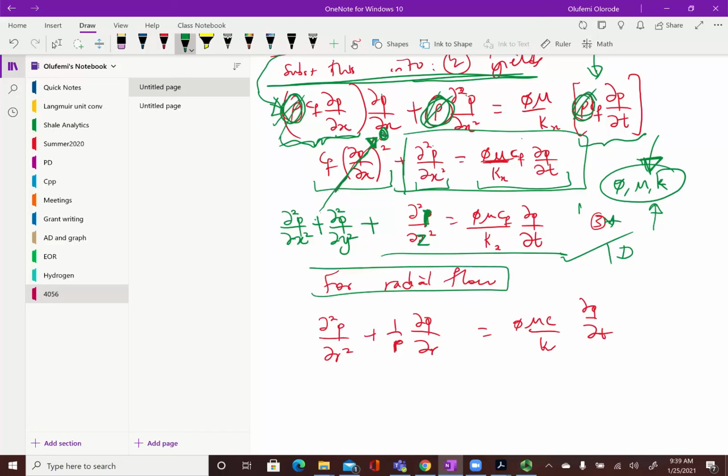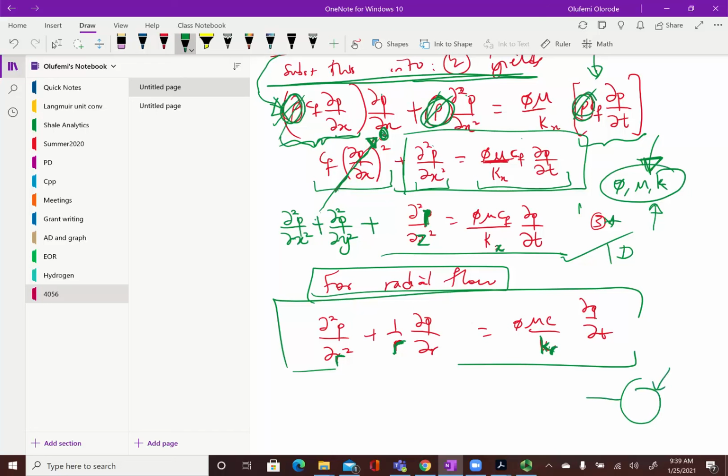In radial form, this is what it looks like. It's the 2p dr squared plus 1 over r, the p dr. The right-hand side remains the same. This is k. This was kx. This is k in the radial direction. Permeability in this direction. That's the radial direction.